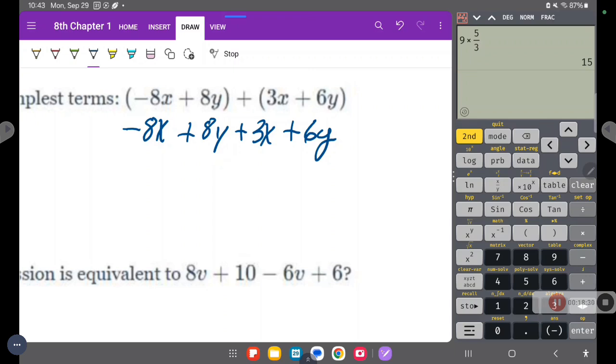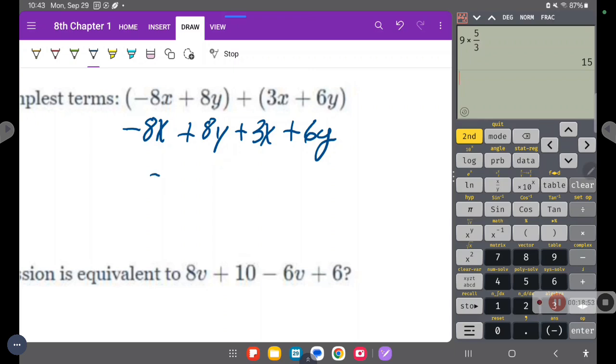Now we need to combine the like terms, Ferdy. We have negative 8x. But what's the other thing that has an x? 3x. So negative 8x and positive 3x combine to become what? Negative 5x.